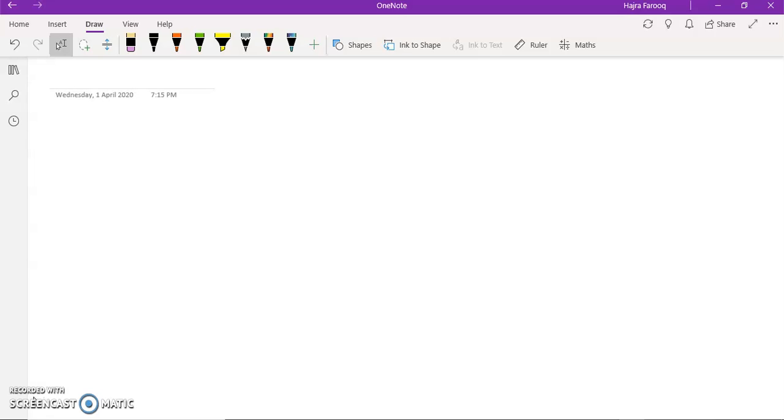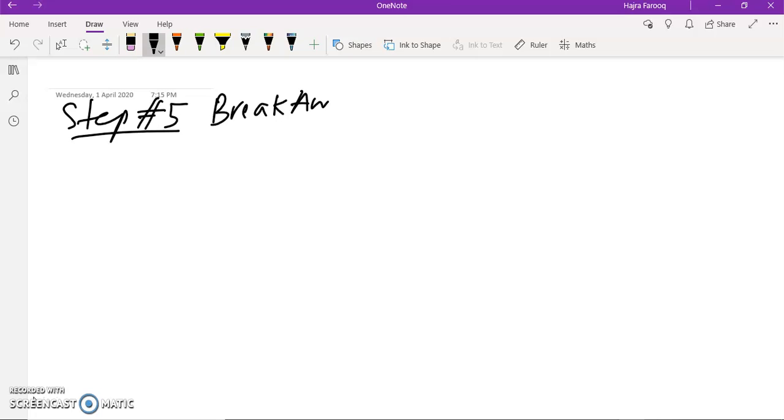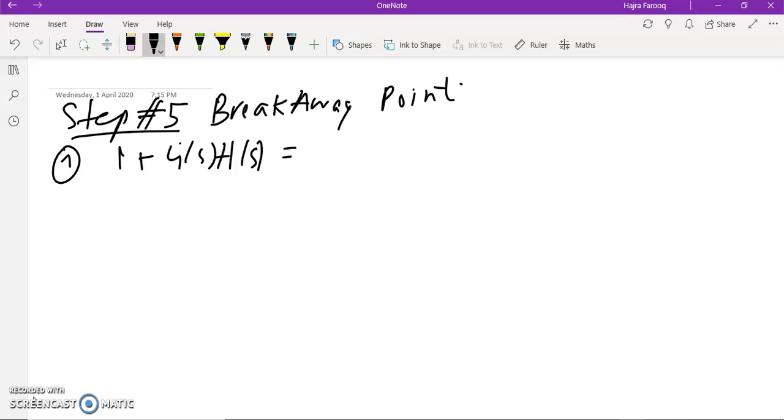Then step number 5 is going to be our breakaway point. For this, you have to calculate the characteristic equation, that is 1 plus G(s)H(s) is equal to 0.